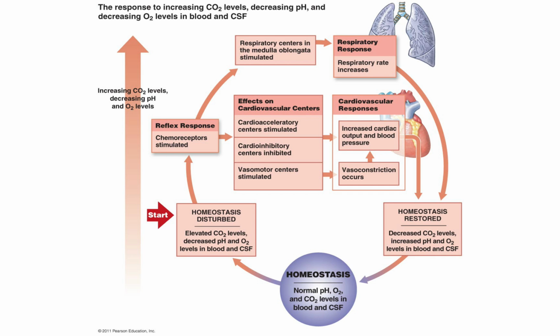We also have some chemoreceptor reflexes influencing blood flow and blood pressure. These chemoreceptor reflexes respond to changes in carbon dioxide, oxygen, or pH levels in the blood and in the cerebrospinal fluid. So we have some of these in our carotid arteries. Also, we have some in the brain.